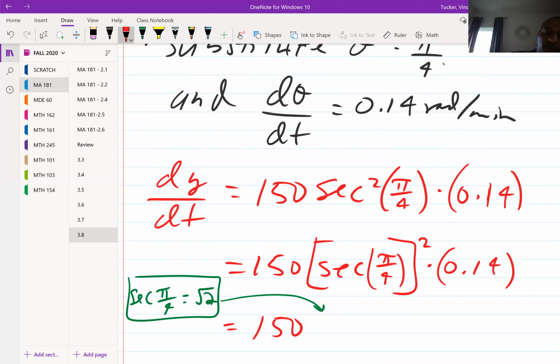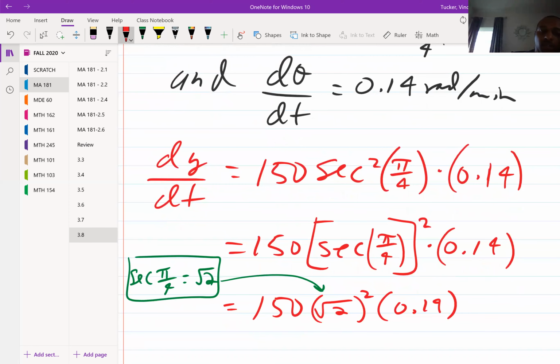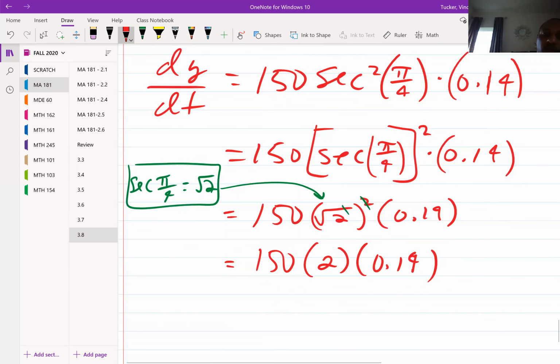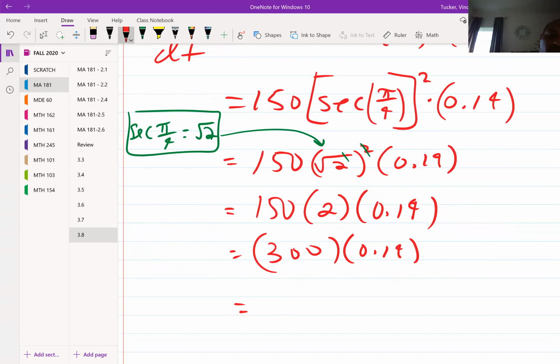So that would be the square root of 2 squared times 0.14, and all of that will reduce down to 42. So the square root cancels, leaving 150 times 2 times 0.14. 150 times 2 is 300, times 0.14, and 3 times 14 is 42. No zeros. Take care of that decimal.